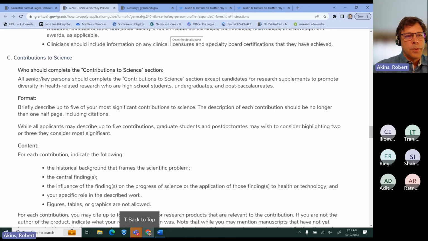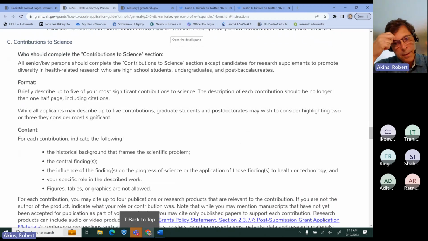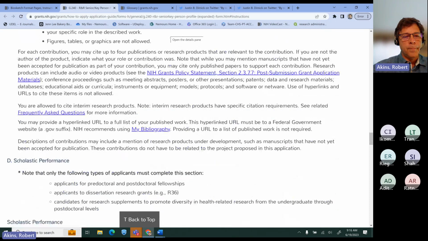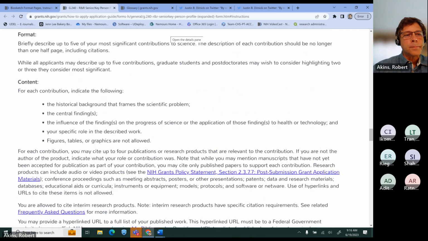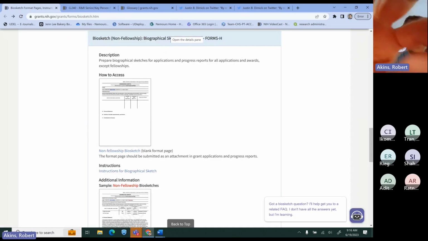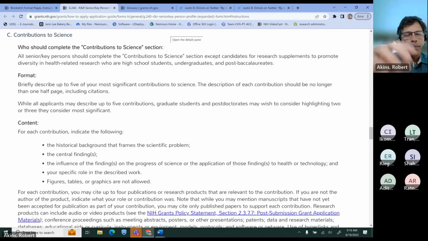All right, so let's talk a little bit about your contributions to science section. And there's an extensive review here of what to include. So your positions and what you're working on, your positions now and going backwards, that first section here. Those positions are critical for the review, right?